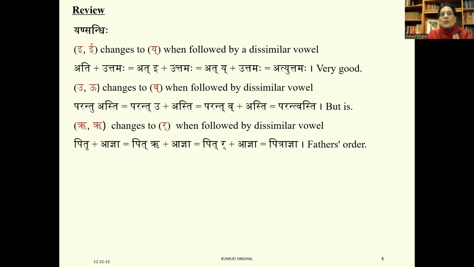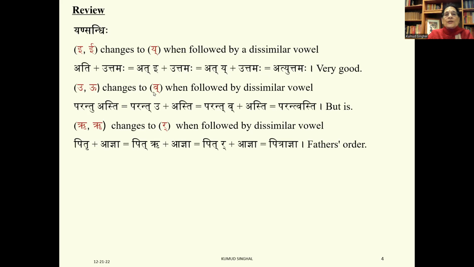Uttamaha starts with u. So i is followed by a dissimilar vowel u, so i will be replaced by y. So ta and y is a conjunct consonant, and it will be written like this, where the vertical line of ta is dropped. Ya and u becomes yu, atyuttamaha.